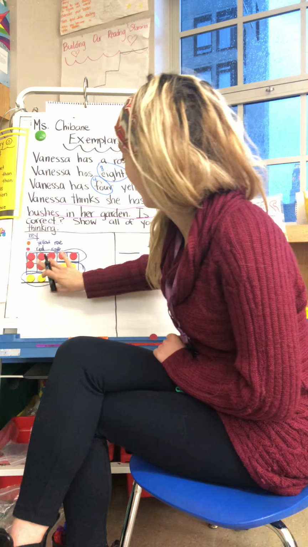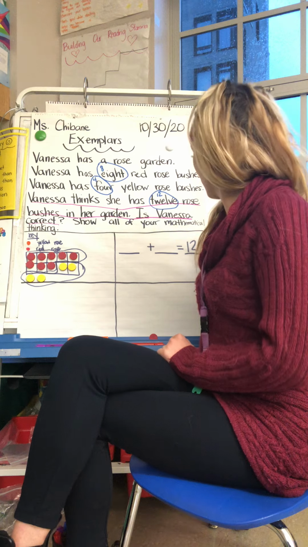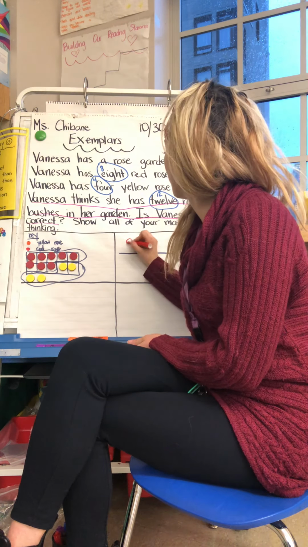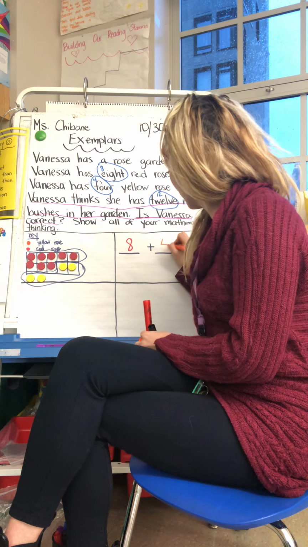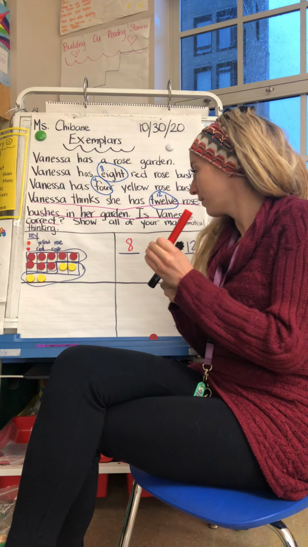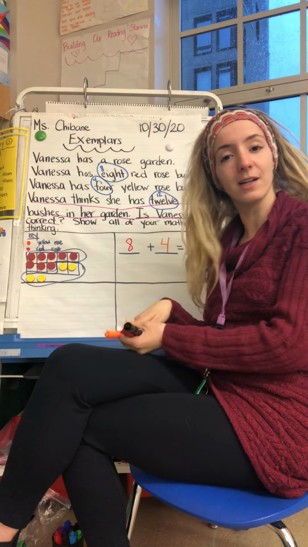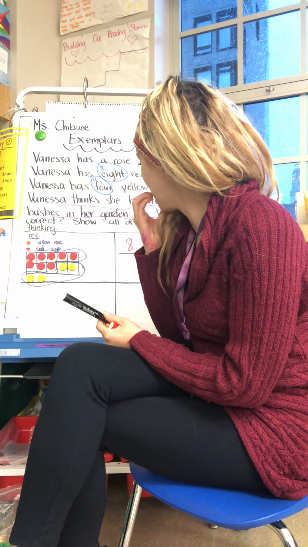Let's see, let's count on. 8, 9, 10, 11, 12. So 8, I'm going to write them in the color, plus 4 equals 12. Huh. So that means, was Vanessa correct? Yes, she absolutely was.